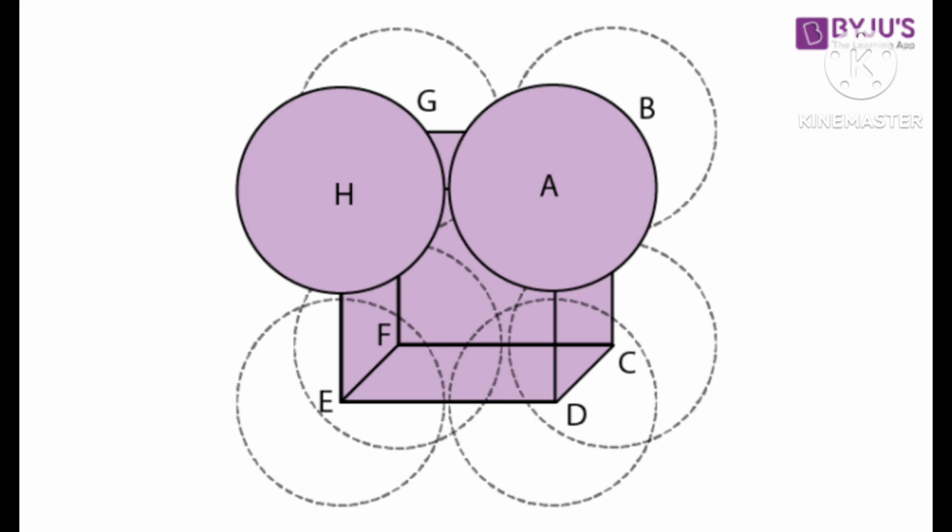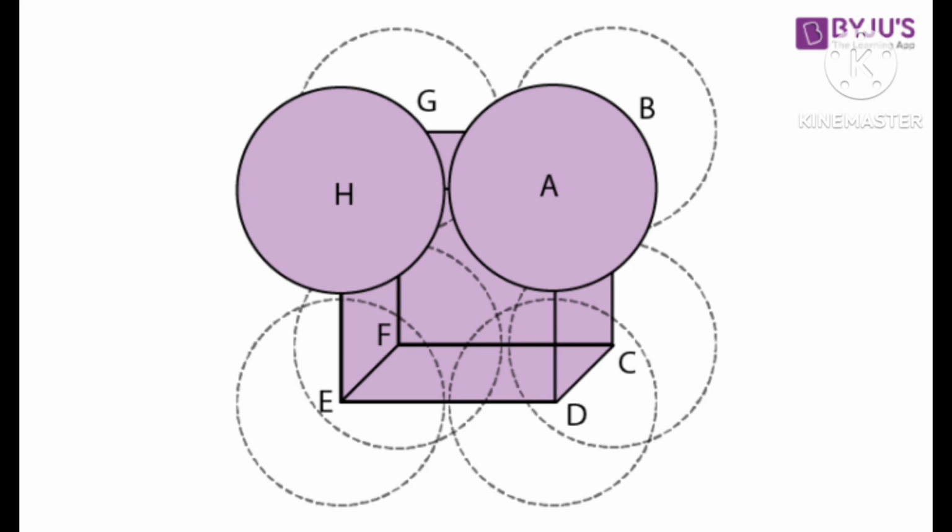It is again further easy. In comparison to these two, it is easy. Here in a simple cubic lattice, the atoms are located only on the corners of the cube.